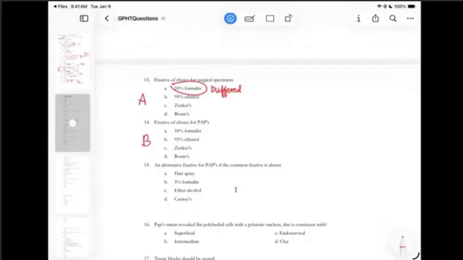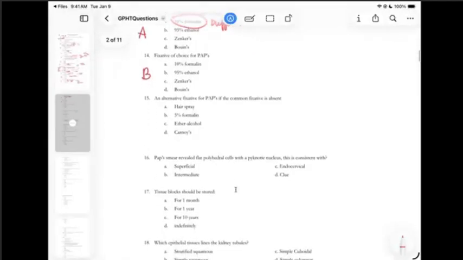Number 15, what would be an alternative fixative for Pap smears? If the common fixative, which is ethanol, is absent, we can use hairspray or spray fixatives.